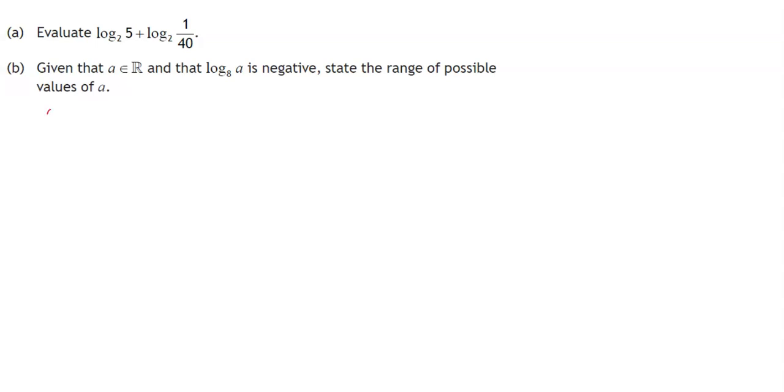Now for the first one, I want to evaluate log to the base 2 of 5 plus log to the base 2 of 1 over 40. One thing I need to remember is that if I have log to the base a of x plus log to the base a of y, so both logarithms have the same base value, I can combine the two of them into a logarithm with the same base value, but multiply the elements together and have x times y.